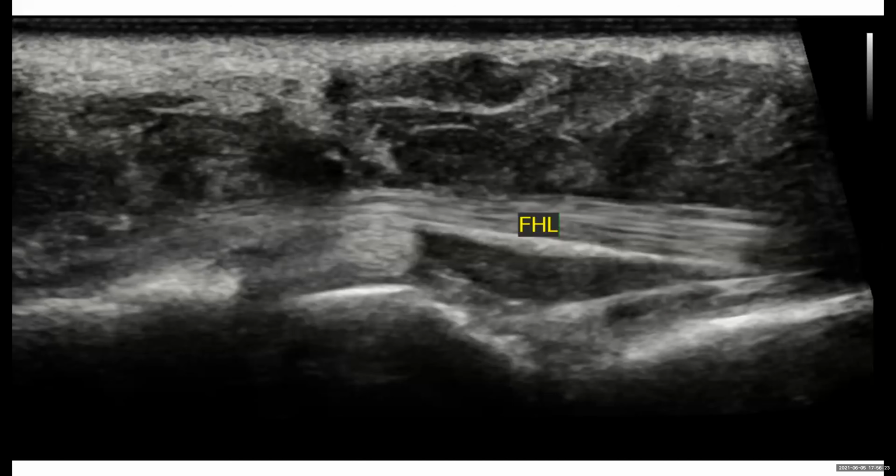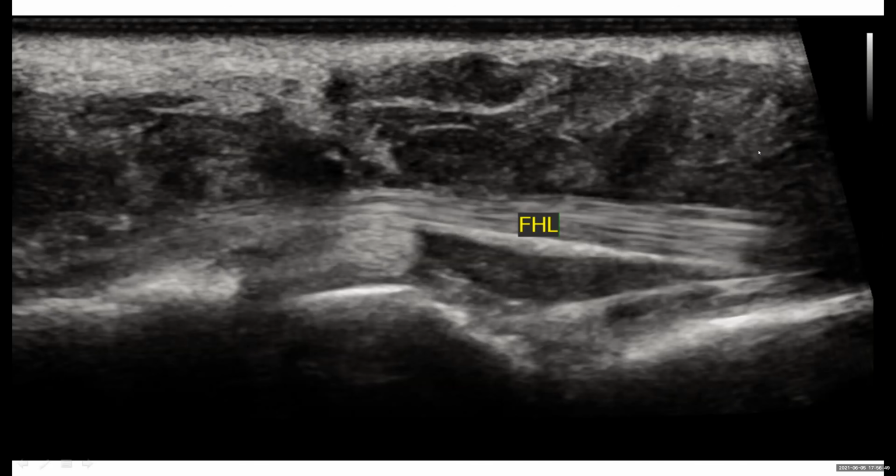There was no significant color flow in the lesion. Although there was some vascularity, it was not a vascular lesion. Any other possibility, ma'am? It is predominantly hypoechoic in appearance. Yeah, it is intimately associated with the tendon.